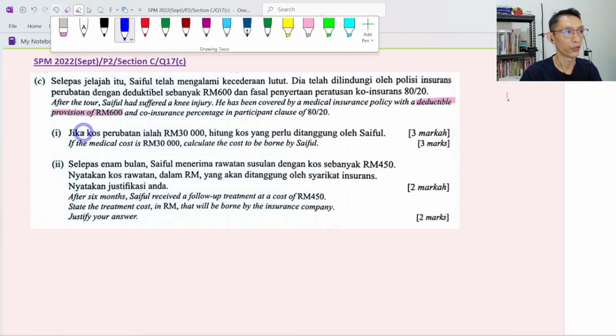Now let's look at the first part. If the medical cost is 30,000, calculate the cost to be borne by Saifu. To calculate the amount of compensation for this medical insurance, you need to be more careful. You need to minus the deductible first. Now, we are not finding the amount of compensation here. We want to find the amount to be borne by Saifu.